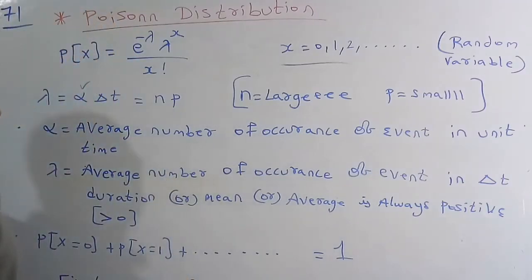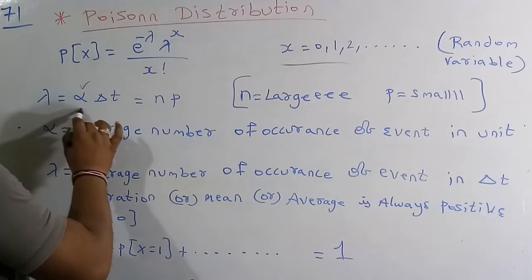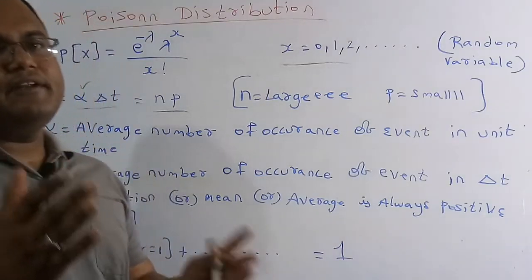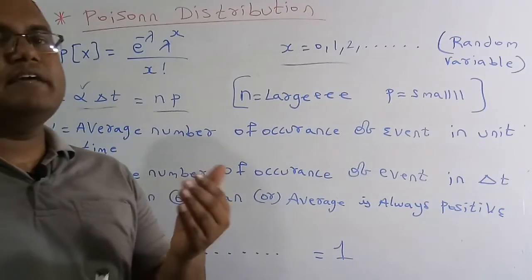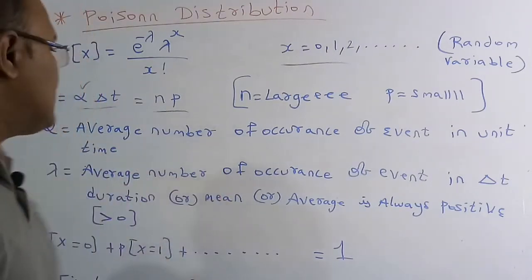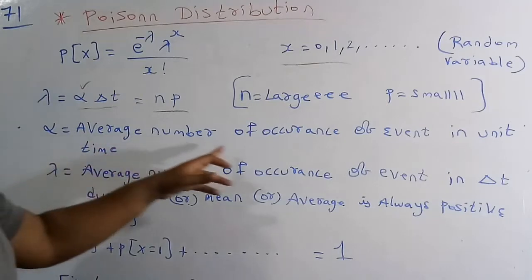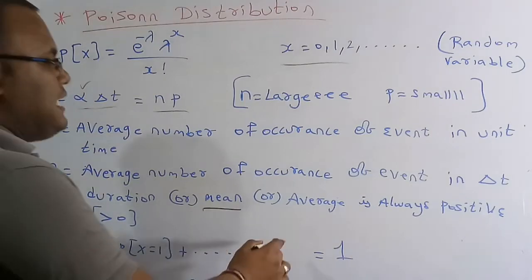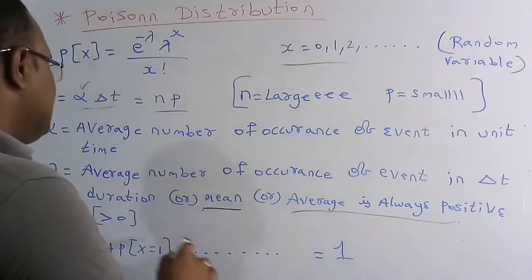So therefore we can say that lambda is equal to alpha into delta t is equal to n into p, where alpha is the average number of occurrences of the event in a unit time. That means, in a given unit time, how many times the event becomes a success, it is called alpha. Similarly, lambda is the average number of occurrences of the event in delta t duration, or it is also called the mean, and the average value is always positive, greater than 0.